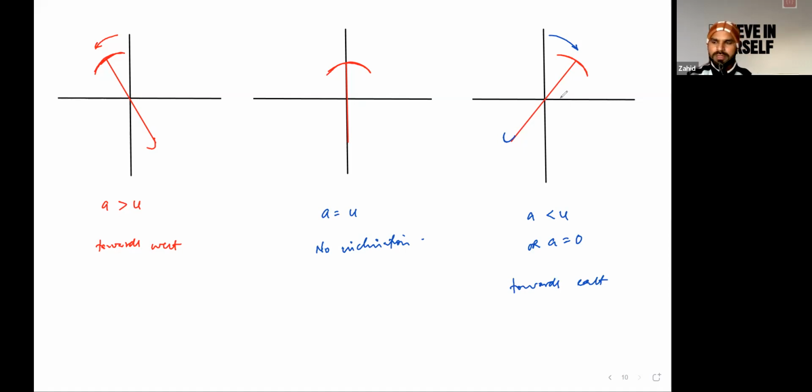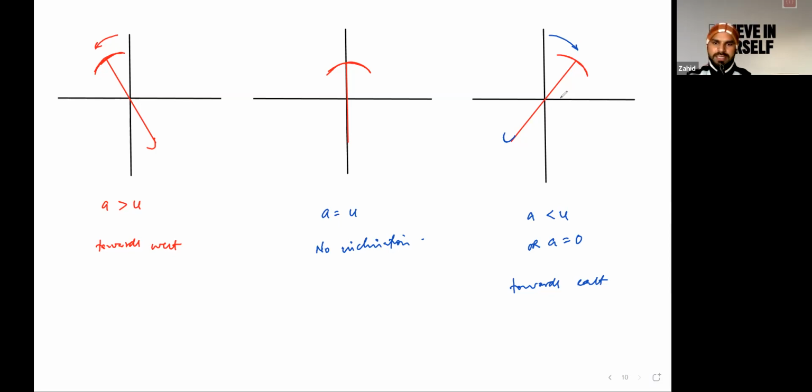A man having an umbrella is going on a rainy day towards east at 12 meters per second, and rain is falling vertically at 35 meters per second. So there is no component of rain horizontally, so a will be 0.